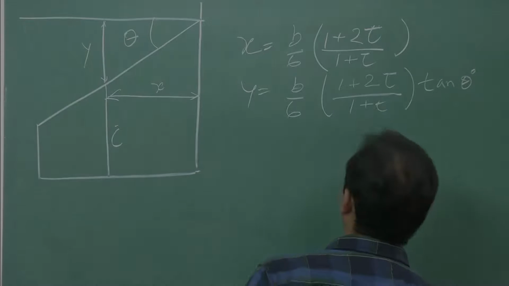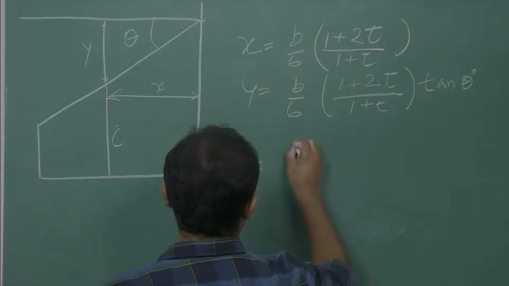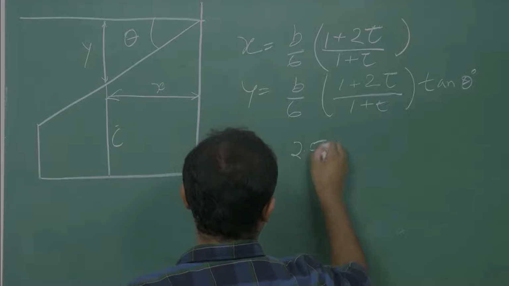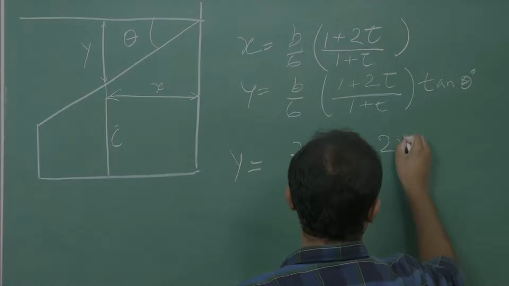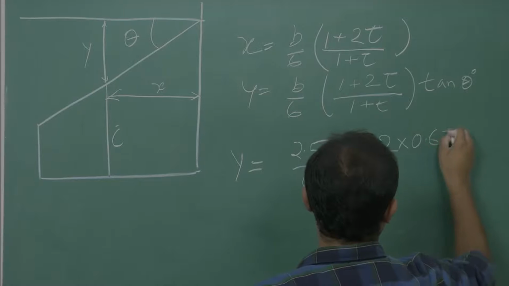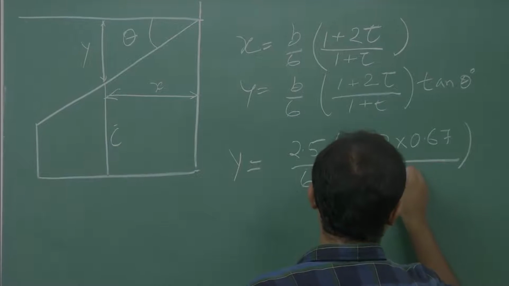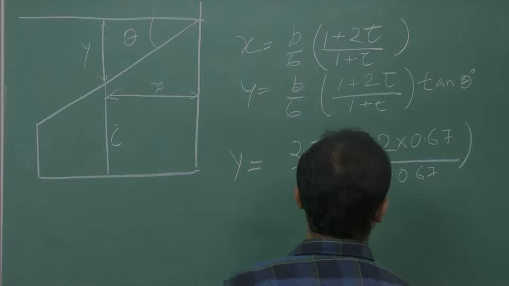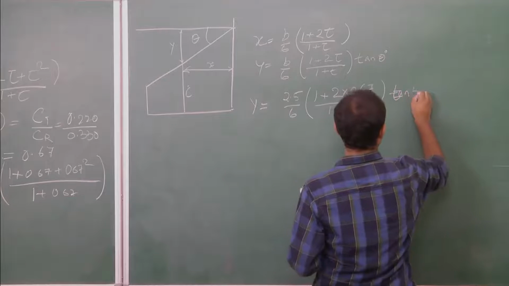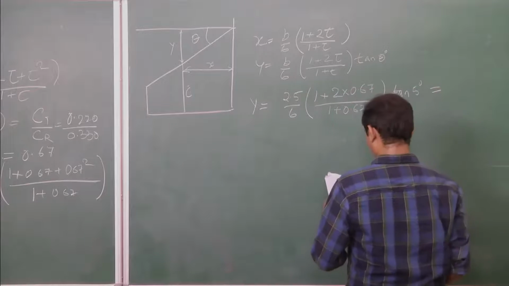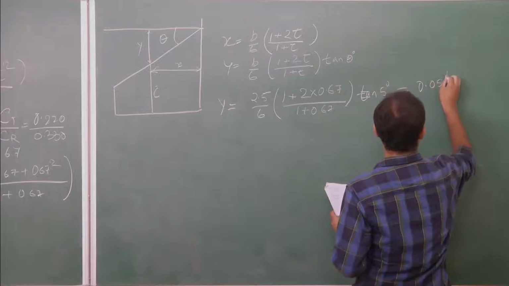So in our case y will be 2.5 by 6 into 1 plus 2 into 0.67 by 1 plus 0.67, into tan of 5 degrees, which will be equal to 0.051.